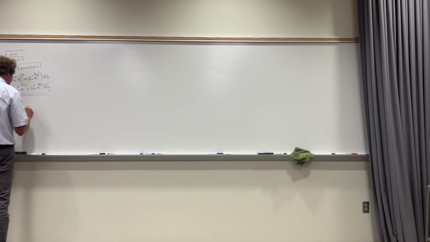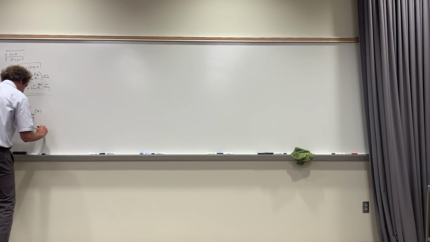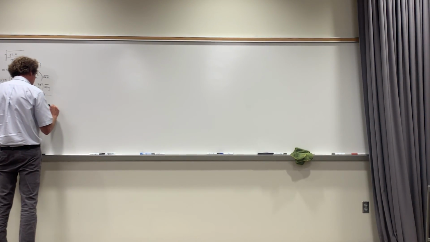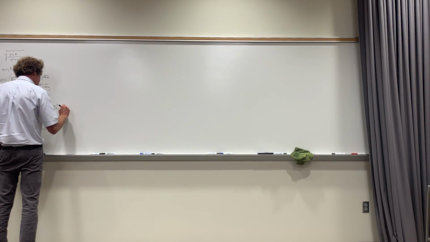This is the more common definition, and that's S av of z, and this is called a Poynting vector. Both are the same, and it's equal to 1/2 the real part of E cross H conjugated, and this is going to be for the phasor form of E and H.